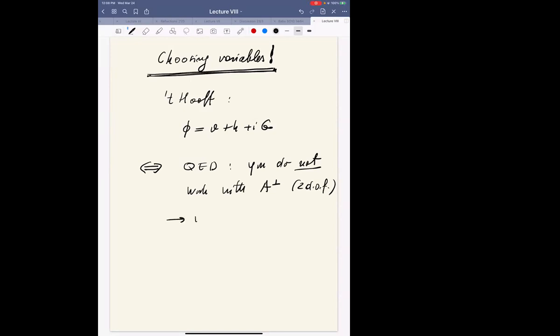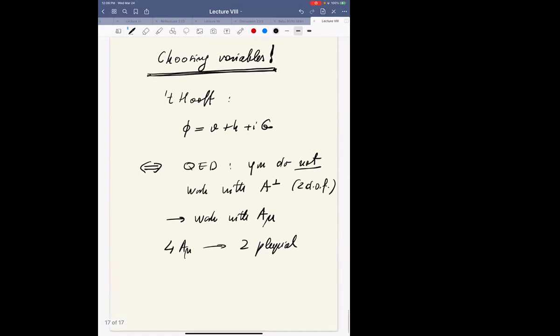What you do, you work with A mu, and then use the gauge freedom to fix the gauge. And you must fix the gauge because we are using unphysical degrees of freedom. It's sort of like using Lagrange multipliers, okay? That's all that the gauge freedom tells you. Not all 4 can be physical. So you see, you have 4 A mu, and then you go to 2 physical.